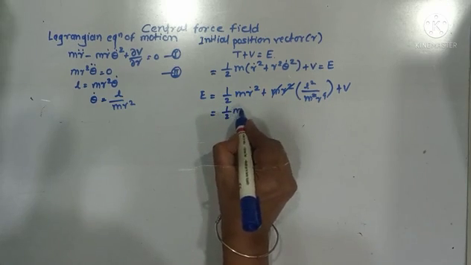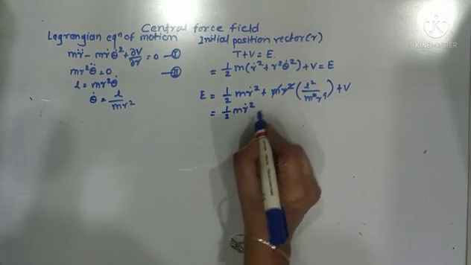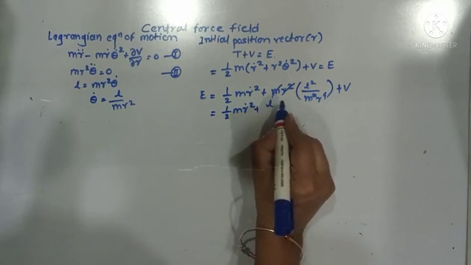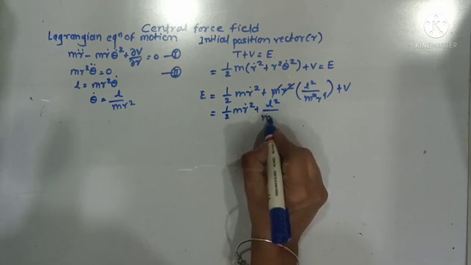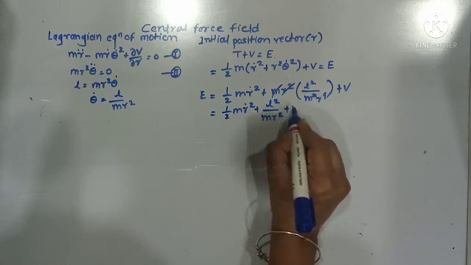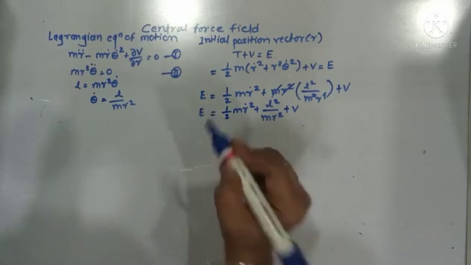The remaining terms will be 1/2 m r dot square plus L square upon 2 m r square plus V is equal to E.